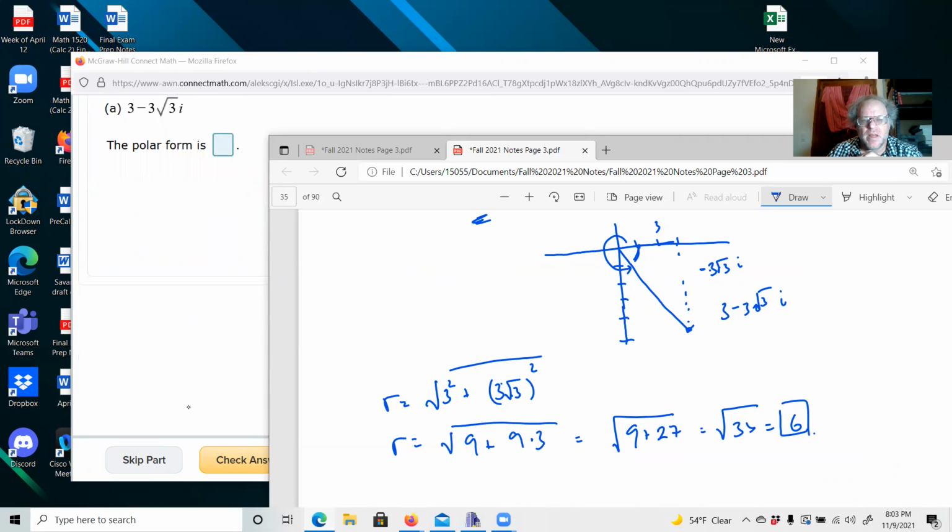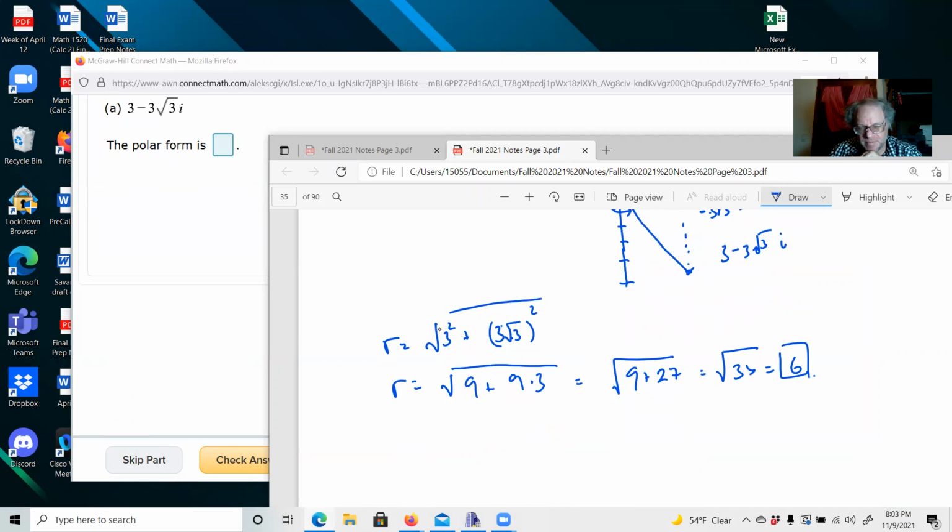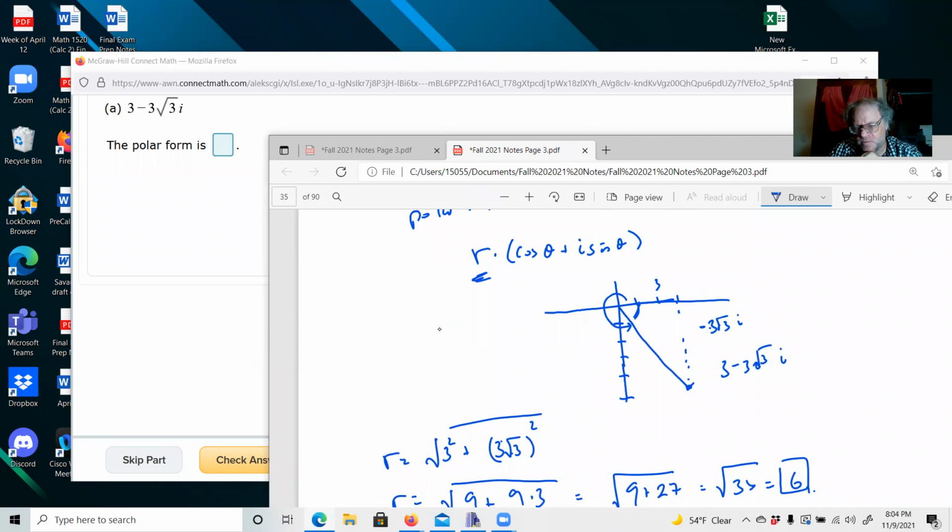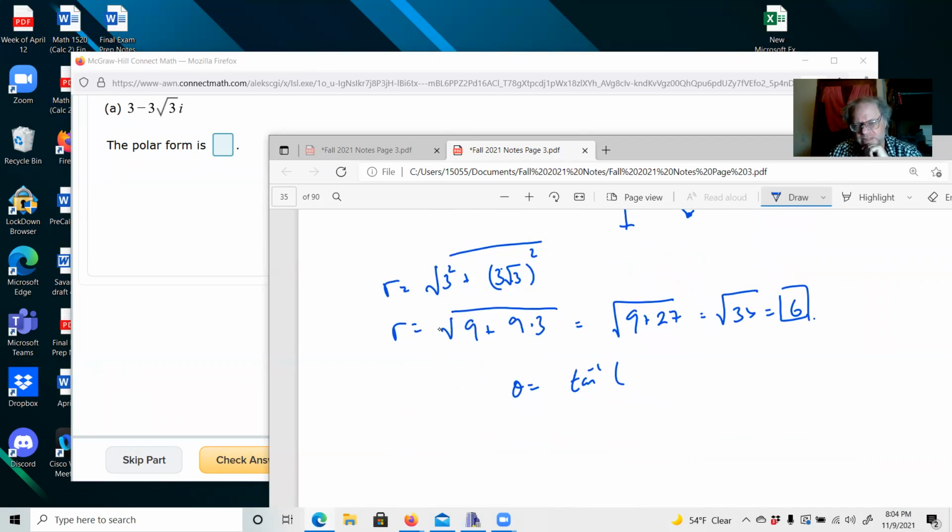Now we have to figure out our angle. So this is going to be theta equal to the tangent inverse, right? I want this angle, and the opposite over adjacent is the tangent. So we want to take the inverse tangent of the opposite, negative 3 root 3, over 3.